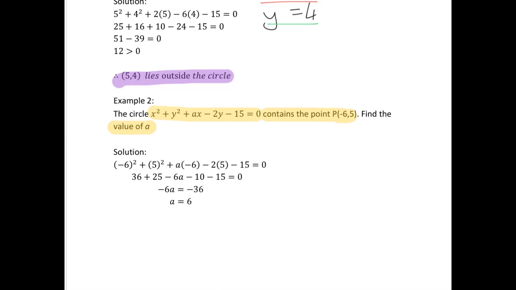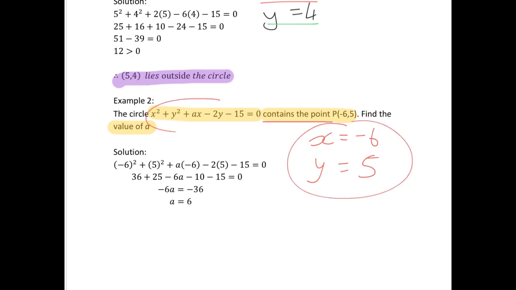So if a circle contains a point, then we can say that if we fill in x equals −6 and y equals 5, these two values should satisfy this equation. So filling in those two values, the only unknown that we will have left is our unknown a here.